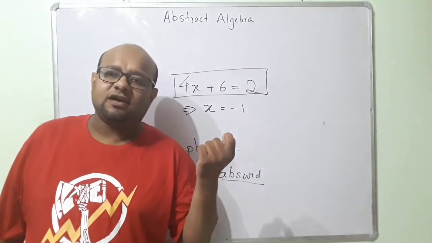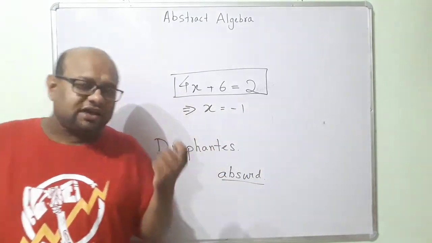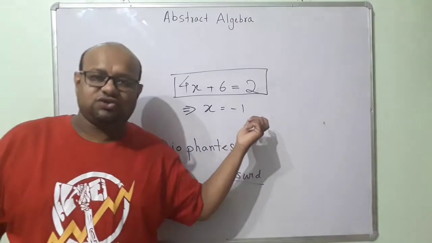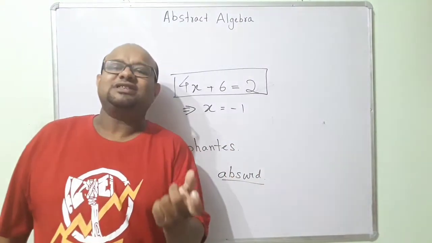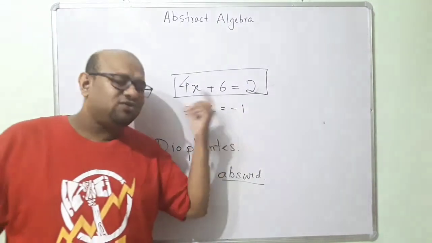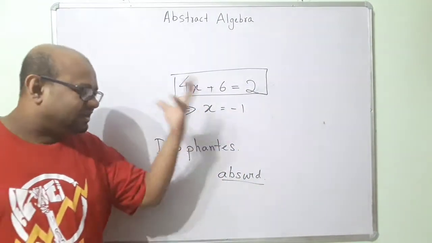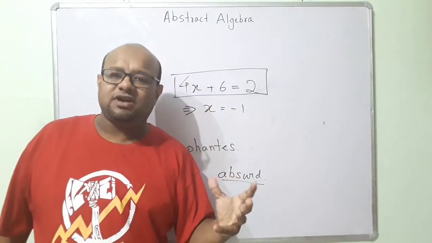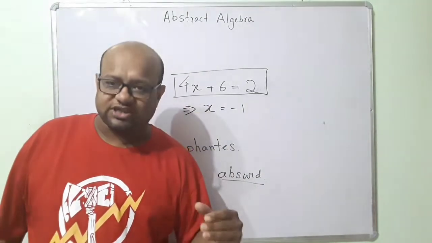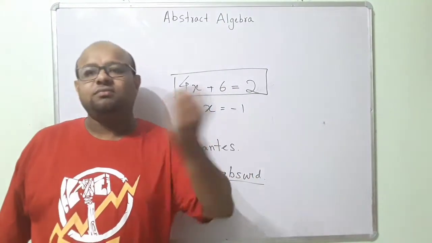For example, I can have 2 horses, I can have 3 horses, I can have 1 horse. I cannot have minus 1 horse. So it did not make sense to Diophantus that there could be a negative number. Back at that time, the concept of a negative number was the most modern concept. It was an abstract idea that later on became solid.